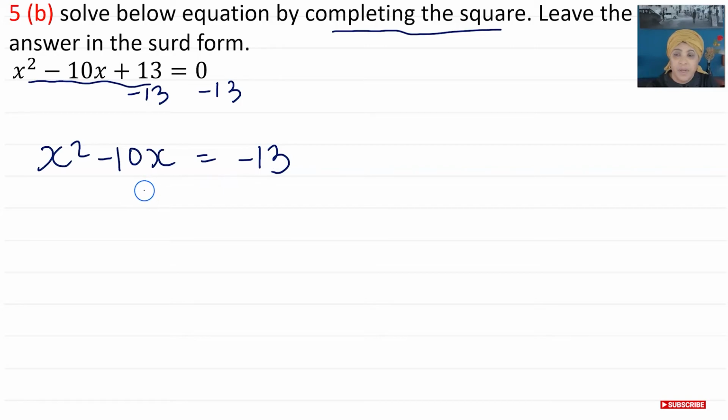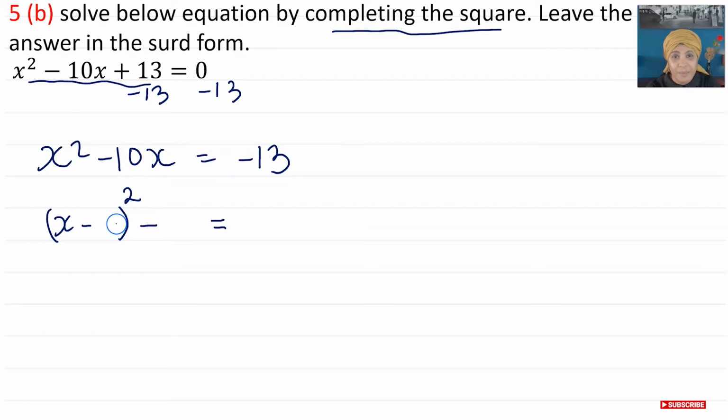Now, if you remember completing the square, you need to have your bracket here and x here, and remember to put your square before you do anything, and a minus. That's what I do. And now I have my equal sign. Now I have a negative here, it means I need to put a negative, and I need to half the coefficient of x, so I need to divide it by 2.